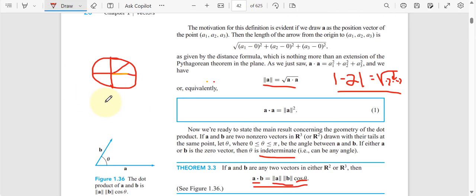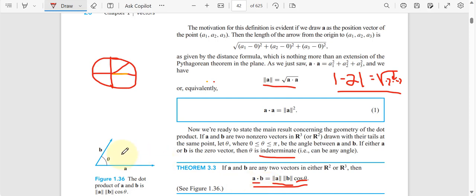So what is that insight again? If the angle between A and B is 0, if they point in the same direction, then the dot product is going to be the product of their magnitudes, the product of their lengths. But if the angle is 90 degrees, it doesn't matter how long they are, the result is just going to be 0.